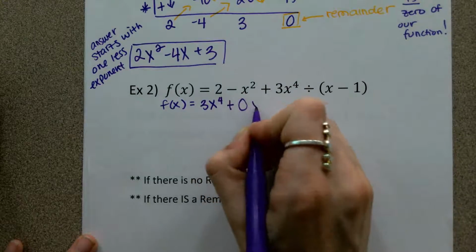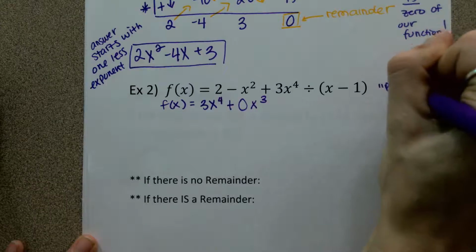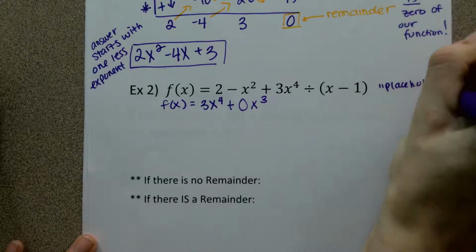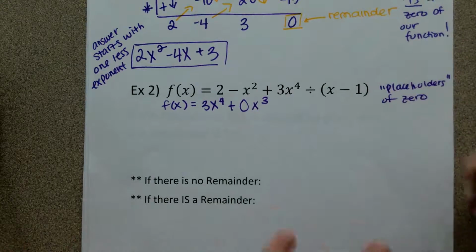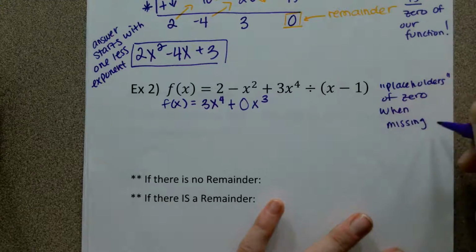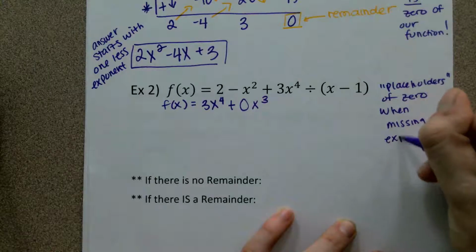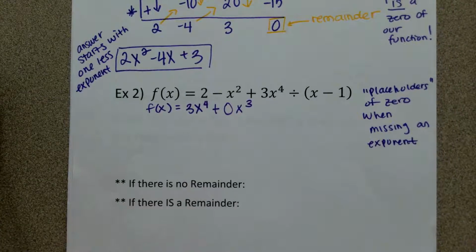So we need to fill in those missing exponents with placeholders of 0. If we're missing an exponent, we can't divide unless we have them all. So we need to incorporate that 0 in there, which is not changing our function at all, because adding 0 is allowed, but just giving us a placeholder.